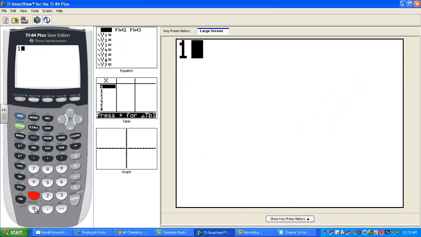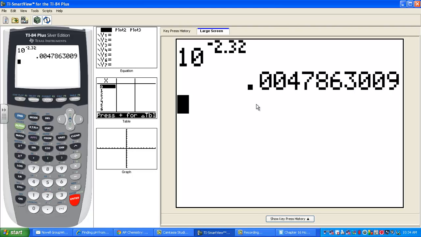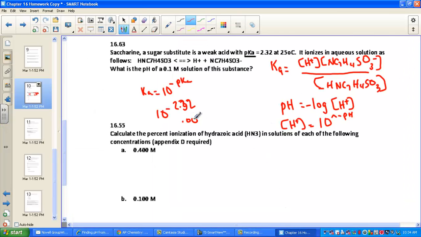We hit 10 raised to the negative, see how I'm making that a negative sign, 2.32. And we get a number. That number represents the Ka value we are going to place into our problem: 0.004786.